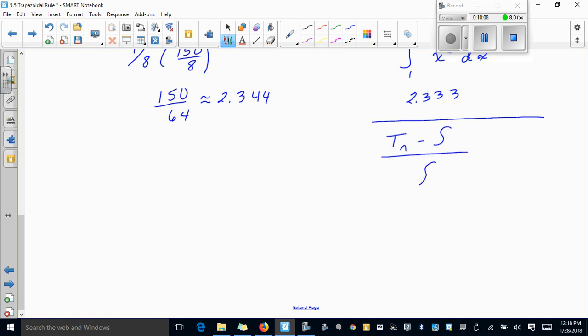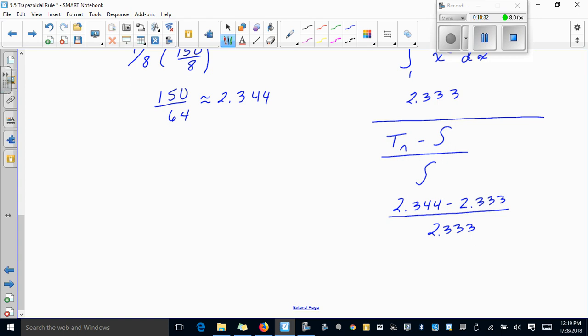So anyways, 2.344 minus 2.333 all over 2.333. And if you throw that into the calculator, and unfortunately I don't have that in the calculator yet, 2.344 minus 2.333 gives us 0.011.